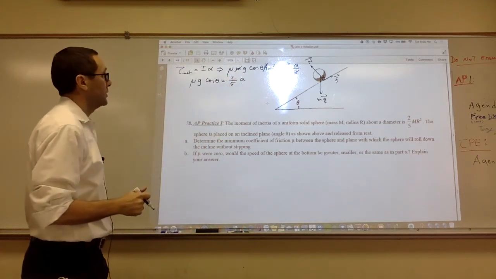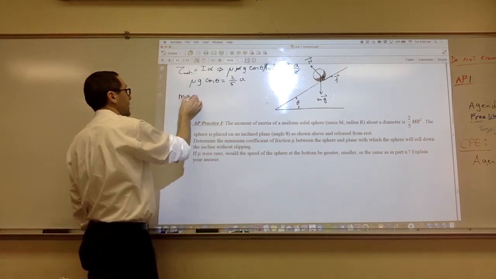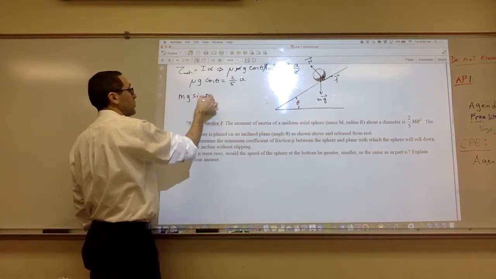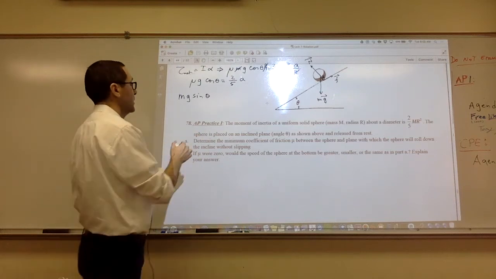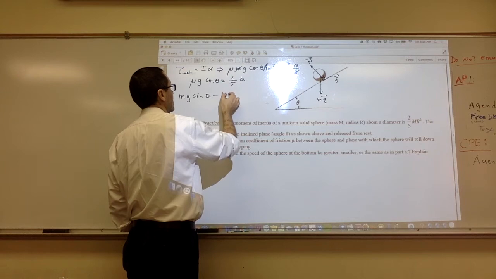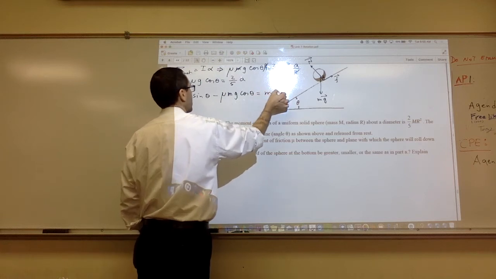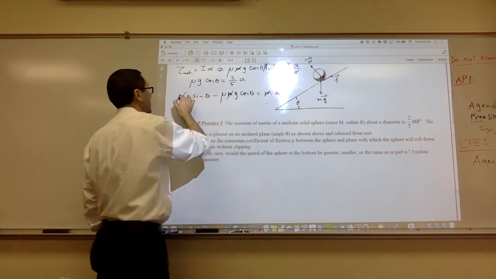Now we're going to do Newton's second law for translation, which is mg sine theta, that's the component of mg down the ramp, minus the force of friction, which is mu mg cosine theta, equals m times a. So I think these m's are gone, right?